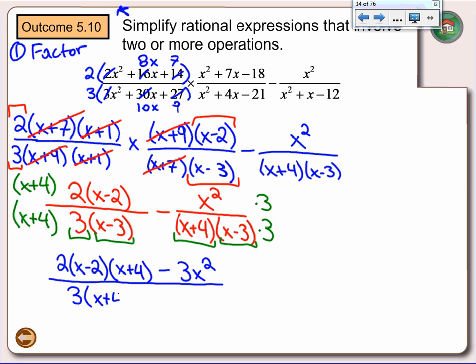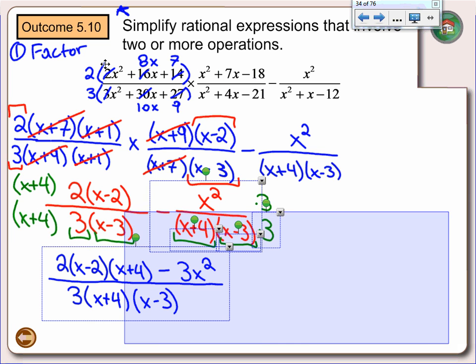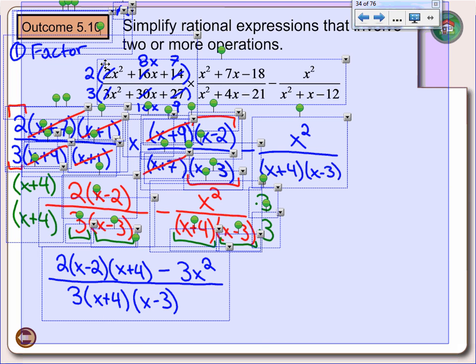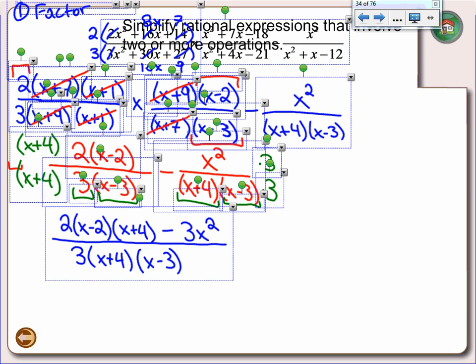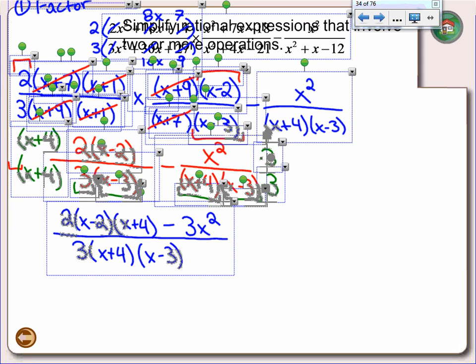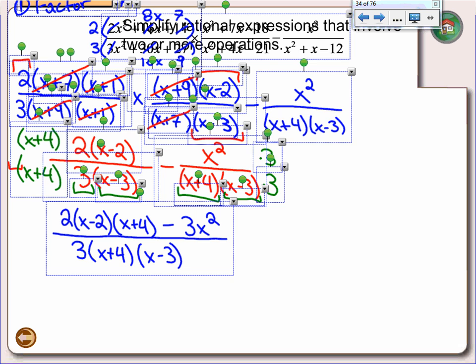Your last step here is going to be to multiply these things together. Just going to lift this up a little bit. Let's have some room. So you're going to multiply your tops together. I can't move those words, but that's okay.